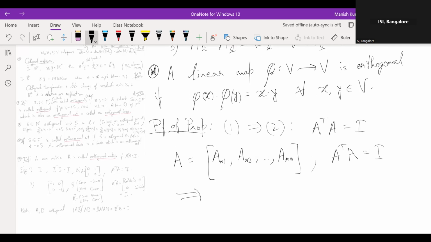Then A transpose A equals identity implies the following. How do you do the matrix multiplication? The first row of A transpose you multiply by the first column of A. But what is the first row of A transpose? It looks like A star 1 transpose, since it has to be a row matrix, then A star 2 transpose, and so on.